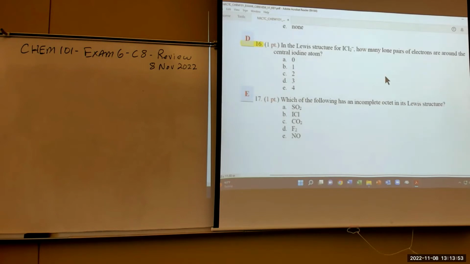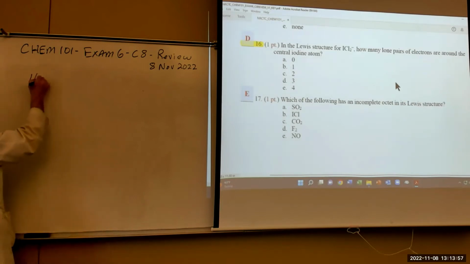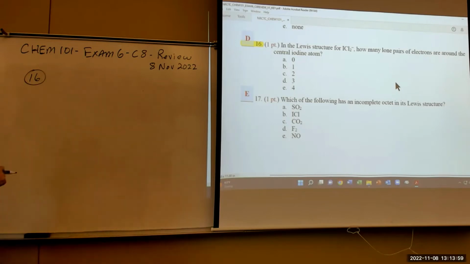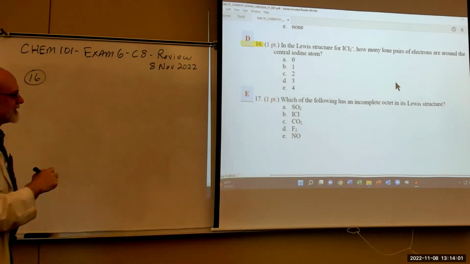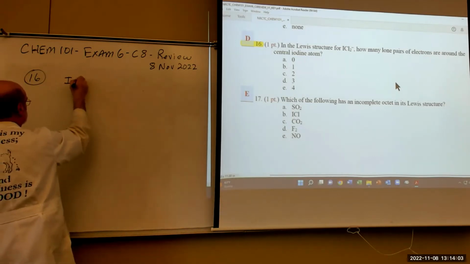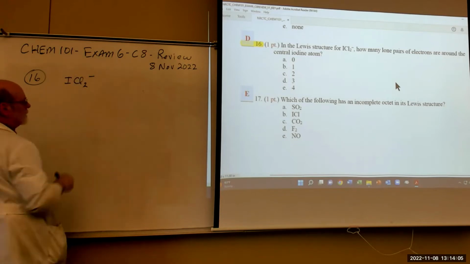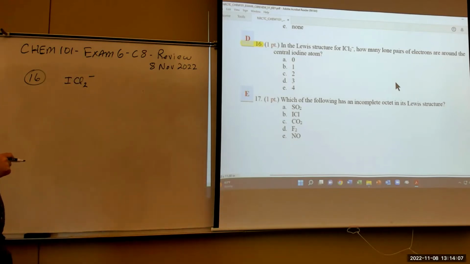And that's 16. In the Lewis structure of ICl2 minus, how many lone pairs of electrons are around the central iodine atom? So they tell you which one is central. You don't even have to figure that one out.